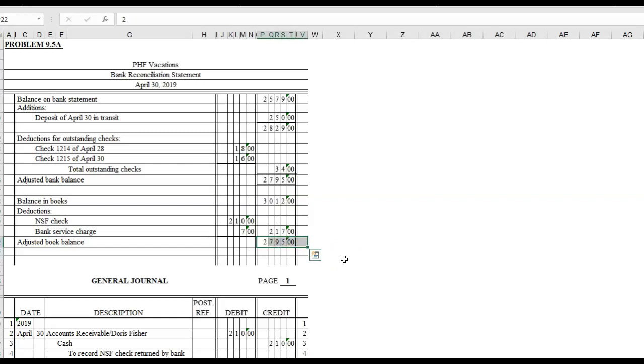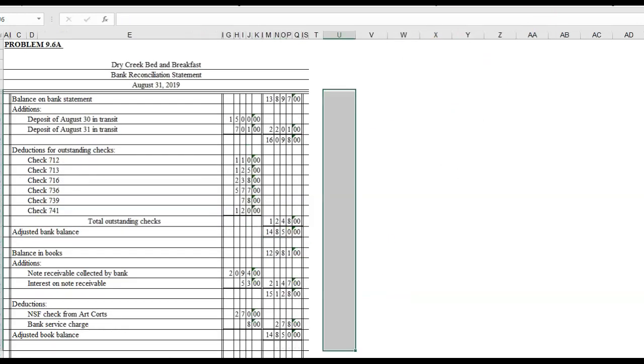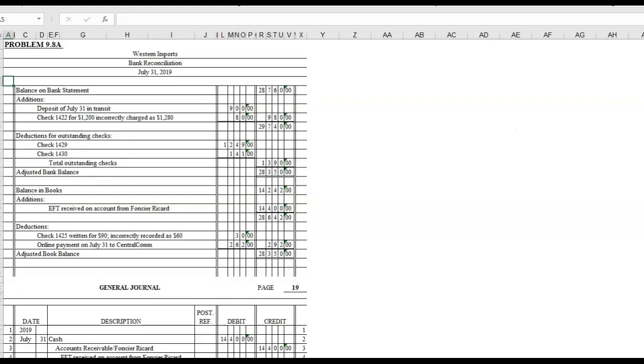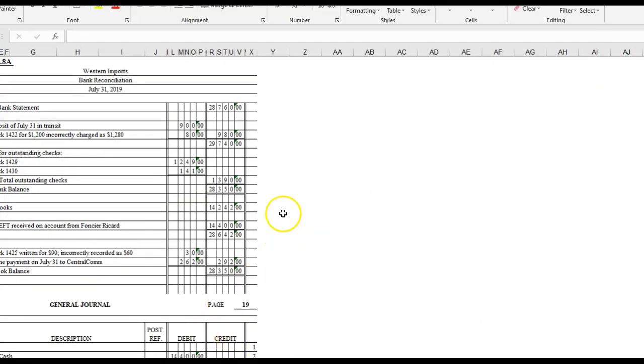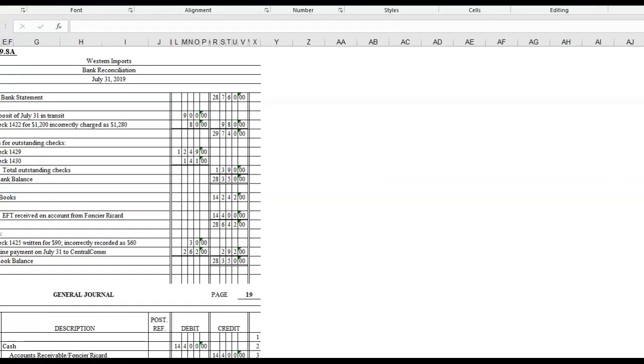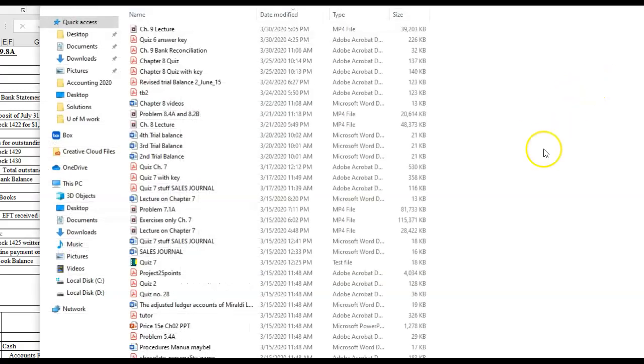And what else did I have to do besides 9.5a? There was another one. Wasn't 9.6a, I don't believe. No, maybe it was. Let me see what else I had to do. It should be under accounting. Yeah, you can see I wasn't really organized today, was I? Just a busy day. Accounting.